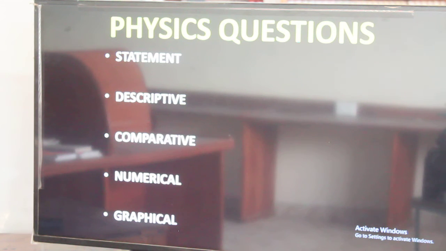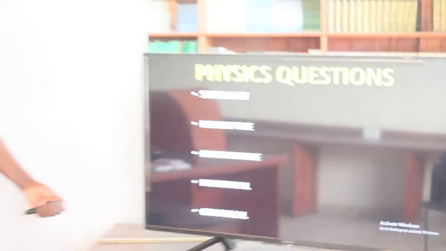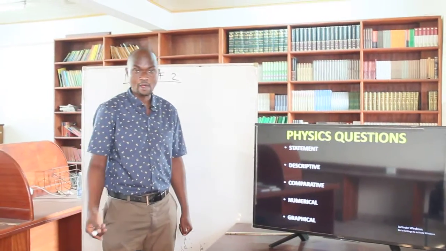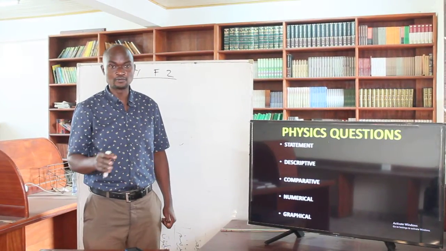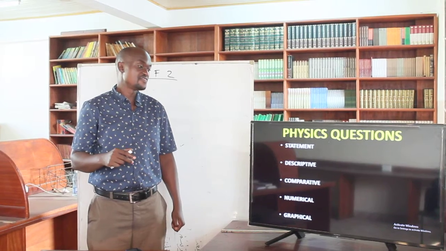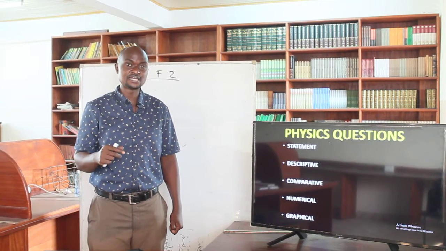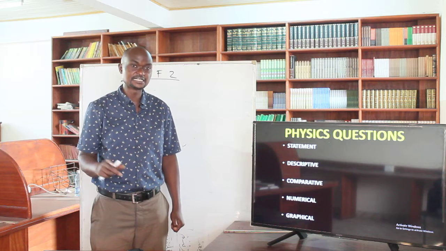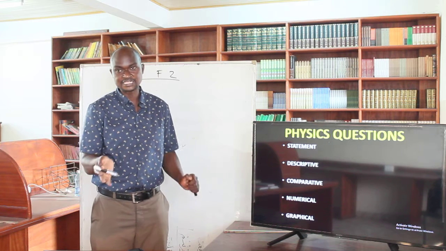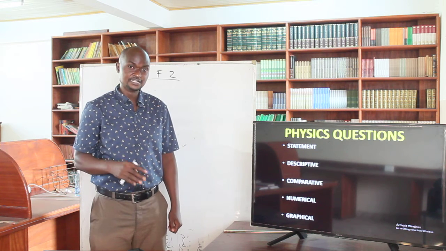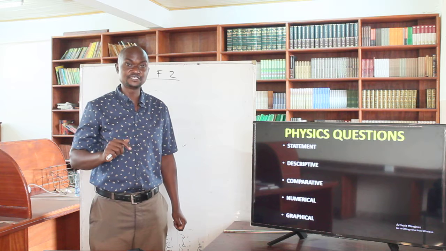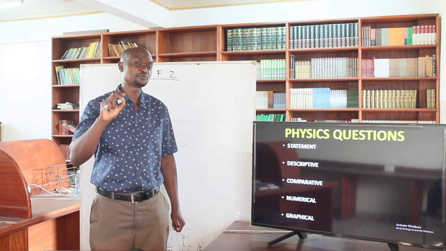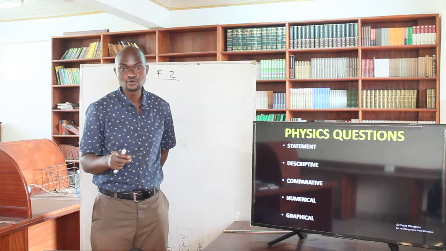And then finally, we have the graphical questions, which basically have the x-axis and y-axis, variables on both axes. Most of the time, the constant, the variable that cannot be affected so much, is on the x-axis, while the other is on the y-axis, unless otherwise stated. So these are the 5 types of questions we do have in physics. Understand, identify which question it is, and know how to work it out.